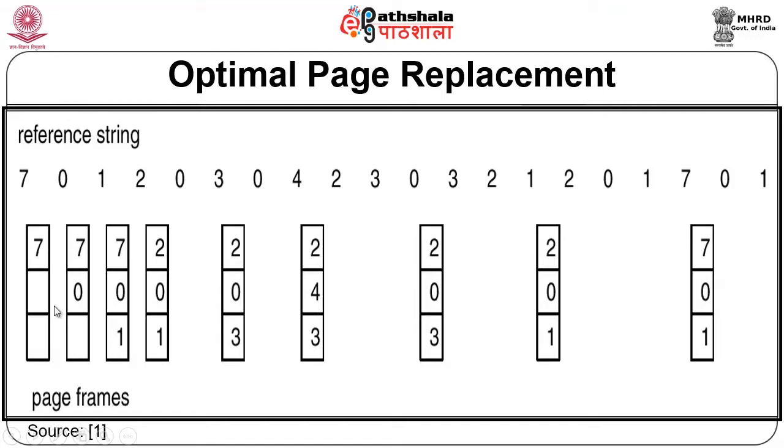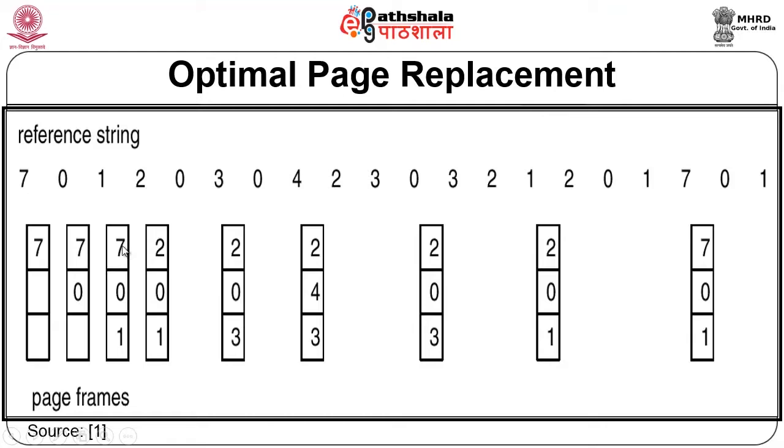There is a free frame in the main memory, so 7 is brought into this free frame, and the next reference is to 0. 0 also has space in the memory, so 0 is brought into the main memory. The next memory reference is to page 1, and page 1 can also be brought in because there is a free frame. Now the next reference is to page number 2.